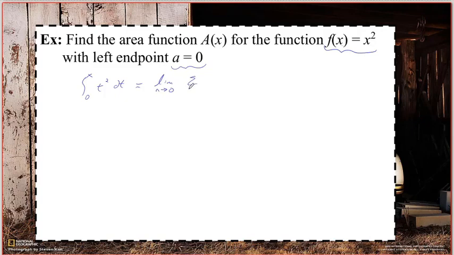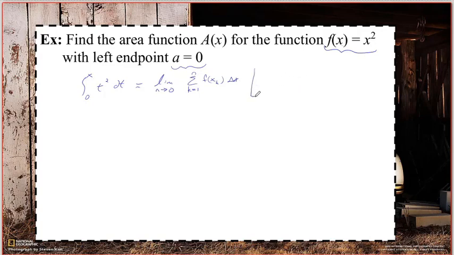So I need the sum of k from 1 to the number of rectangles of my function times delta x. So this is just back to the previous section that we learned about definite integrals. Now the tricky thing here is that in the previous section, I was going from a single number to a single number, and that helped me figure out what my delta x is.